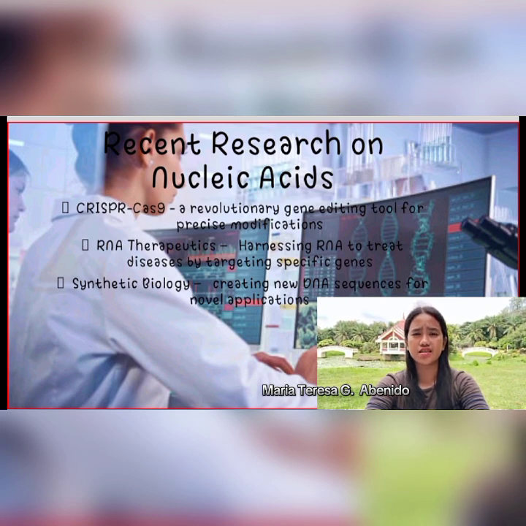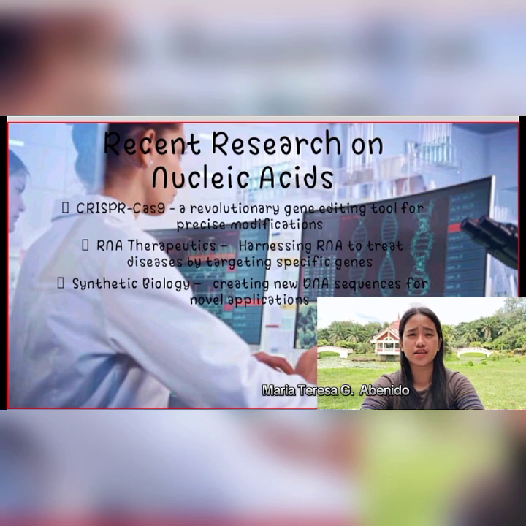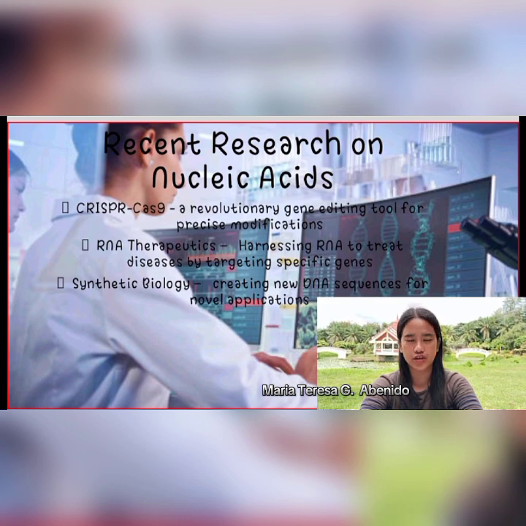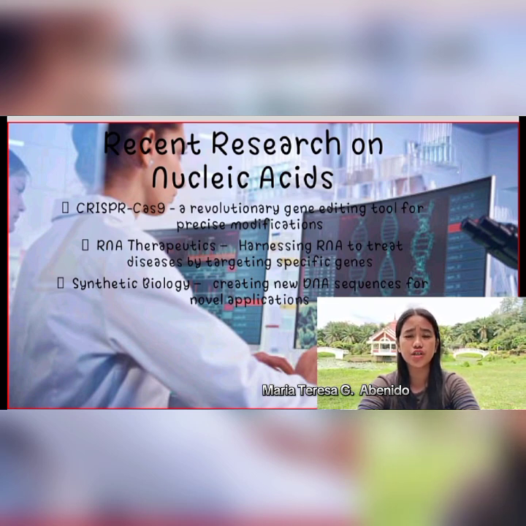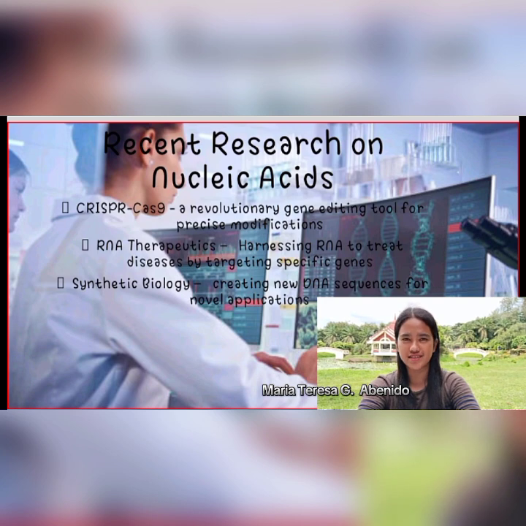Research on nucleic acids is booming. CRISPR is a powerful tool that allows scientists to edit genes with incredible accuracy. RNA therapeutics hold promise for treating genetic diseases by targeting specific genes with RNA molecules. Synthetic biology allows researchers to design and create entirely new DNA sequences, opening doors to exciting possibilities.